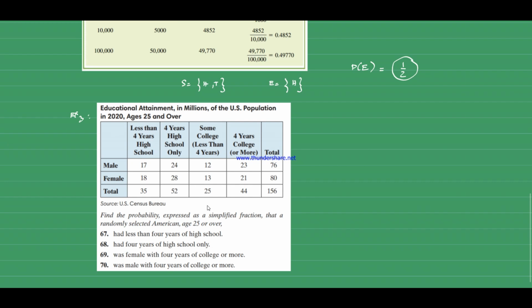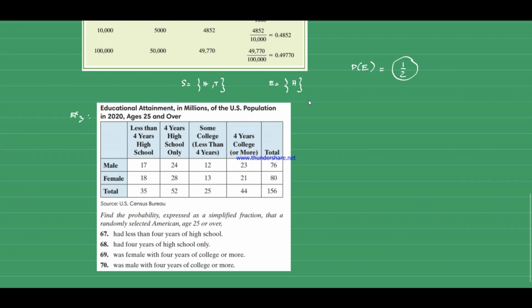Most of the time, the empirical probability question contains a table. It gives you the table of data, so we know right here this must be empirical probability.